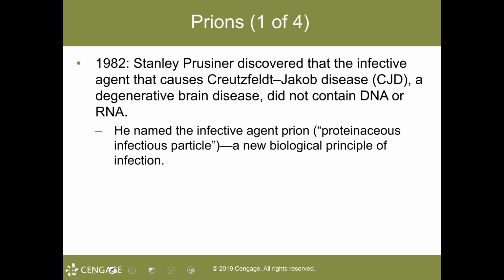Prions were discovered by Stanley Prusiner. They were discovered because the infective agent caused Creutzfeldt-Jakob disease, which is a degenerative brain disease, and the agent does not contain DNA or RNA. It's just protein, a proteinaceous infectious particle. This is also found in white-tailed deer populations throughout this continent.